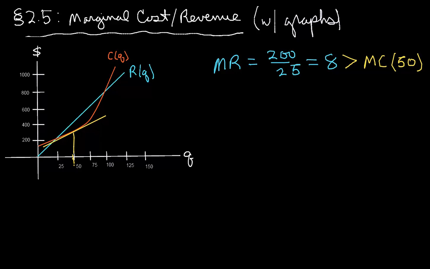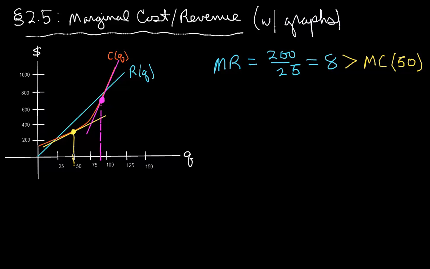Let's look, for example, at 90. So right around here. Okay, so it intersects right here, for instance, and let's draw that corresponding tangent line, as we did for 50.